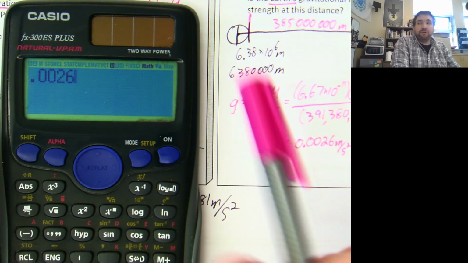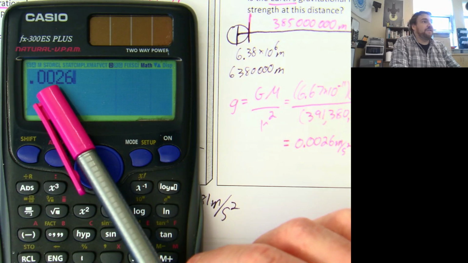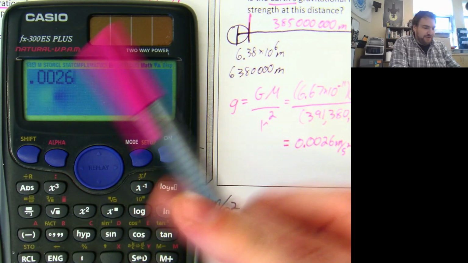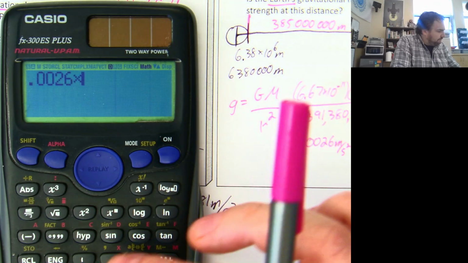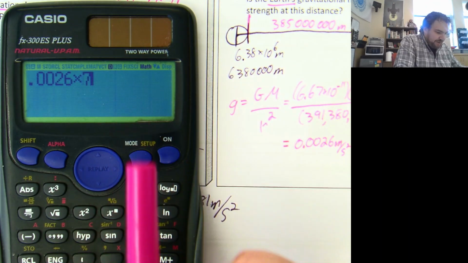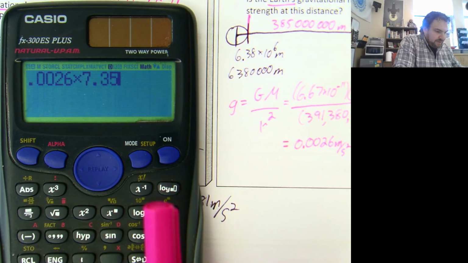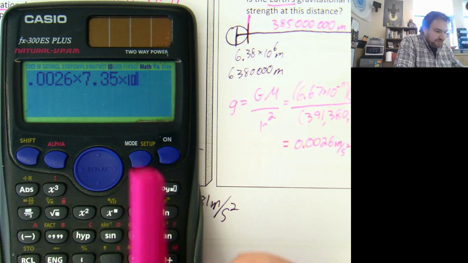So we're going to take the gravitational field strength of the Earth and multiply it by the mass of the moon, which I just so happened to have given you on your formula sheet. The mass of the moon is 7.35 times 10 to the 22 kilograms.